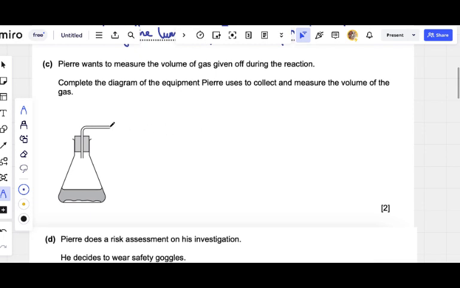But in this case, I think a syringe will be better to measure the volume. So you connect this to a syringe. You calibrate it from one side.